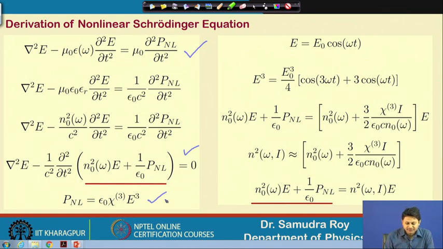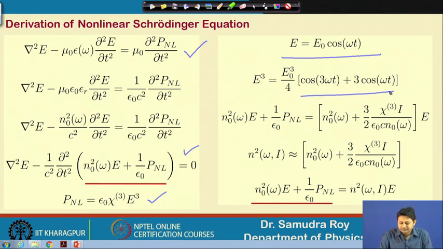Now, E is the electric field. So, I can write this real electric field in this form. E cube I can write by making a cube, and then I can write it as 3 omega component, that we have already done when we were dealing with self phase modulation.